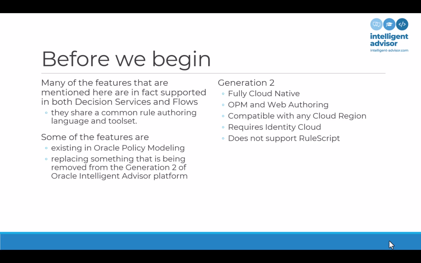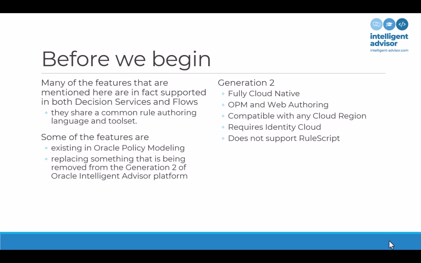Customers today who have, for example, Intelligent Advisor Generation 1 and have other OCI services have two separate management consoles, one for managing their Oracle Intelligent Advisor environments and one for managing everything else in OCI. In Generation 2, Oracle Intelligent Advisor is brought completely into the OCI cloud-native platform.